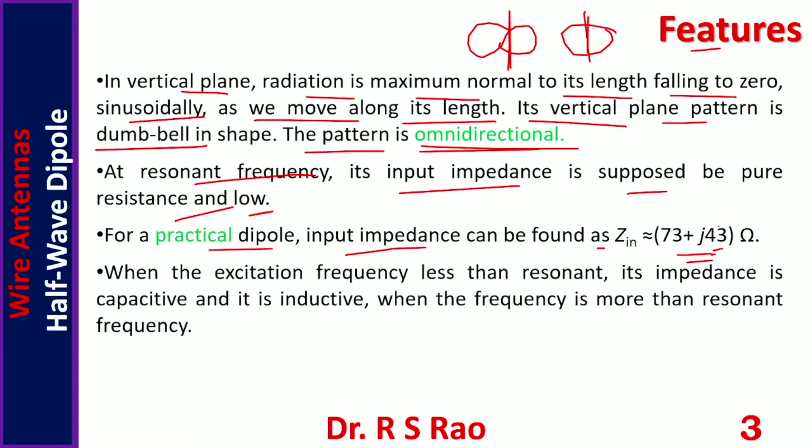Reactance part is also there. When the excitation frequency is less than resonant, its impedance is capacitive, and it is inductive when frequency is more than resonant frequency. These are all important aspects. Before going further, it needs to be mentioned that dipole is a resonant antenna. It belongs to the category of resonant type of antennas.